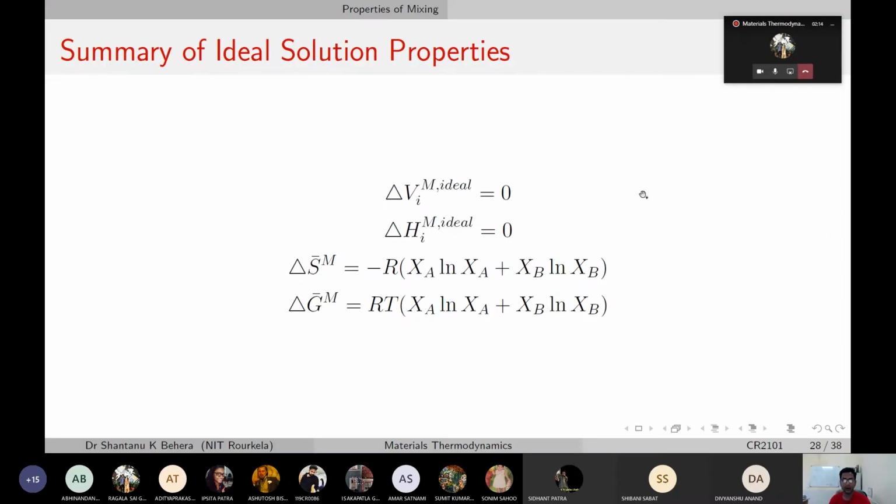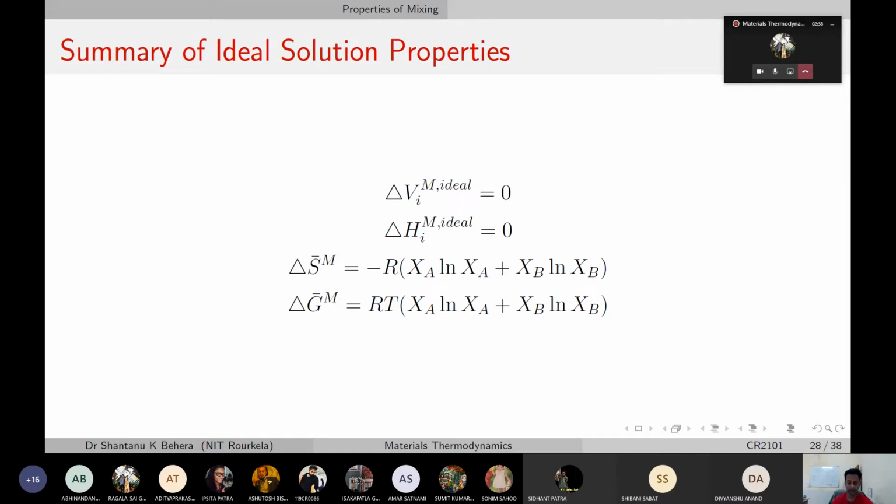All right. So while talking about thermodynamics of ideal solutions, we have discussed that these four fundamental properties go through changes like this. For example, the change in the molar volume of components in an ideal solution doesn't change.